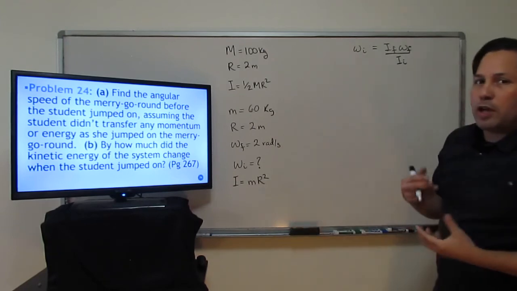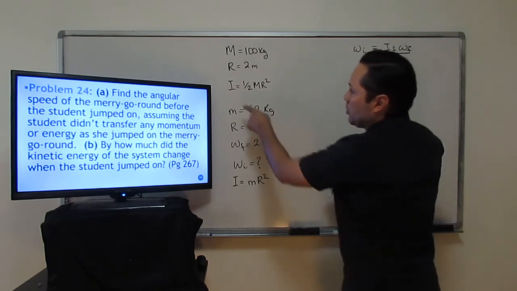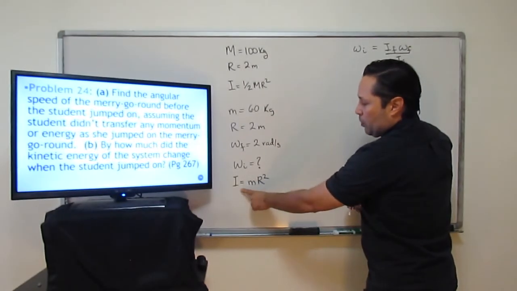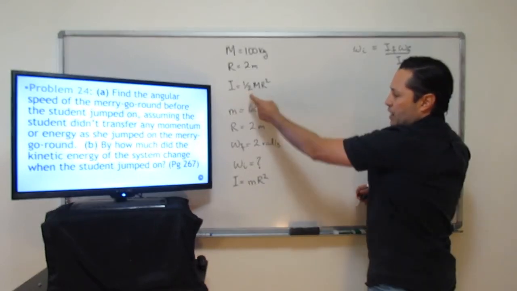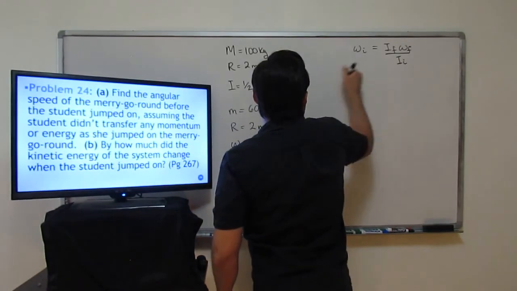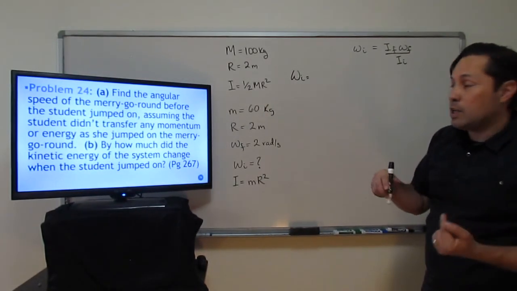Let's flesh it out a little bit more and put in all the values that belong to it. For example, the moment of inertia for the disk is 1/2 mr squared, as opposed to the moment of inertia for the person, which is mr squared. This one has a half, this one does not. So angular speed is equal to moment of inertia final, that's both the student and the disk put together.